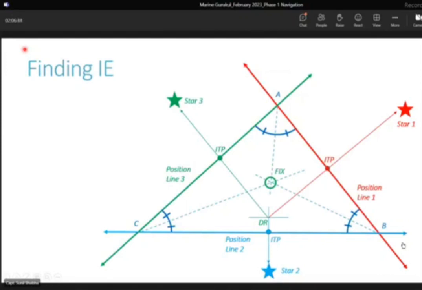If there is no error, then all the 3 position lines would intersect at the same point, and there will be no triangle or no cocked hat formed. The triangle or cocked hat is formed only when there is an error in the observation, plotting or calculation of the sight.